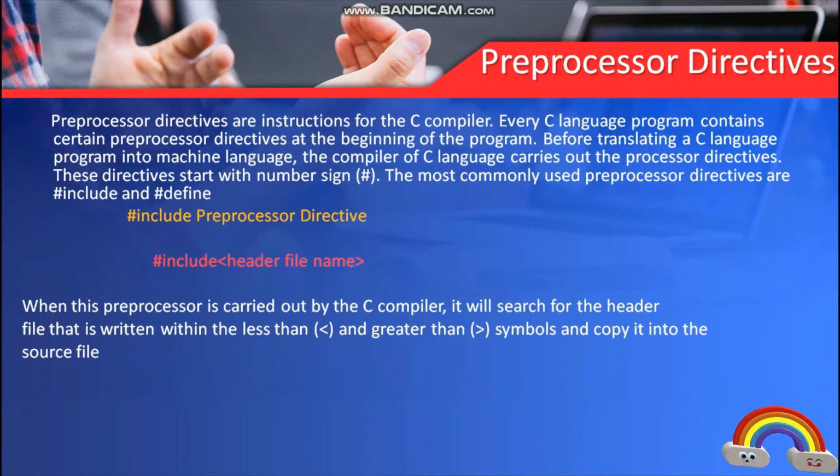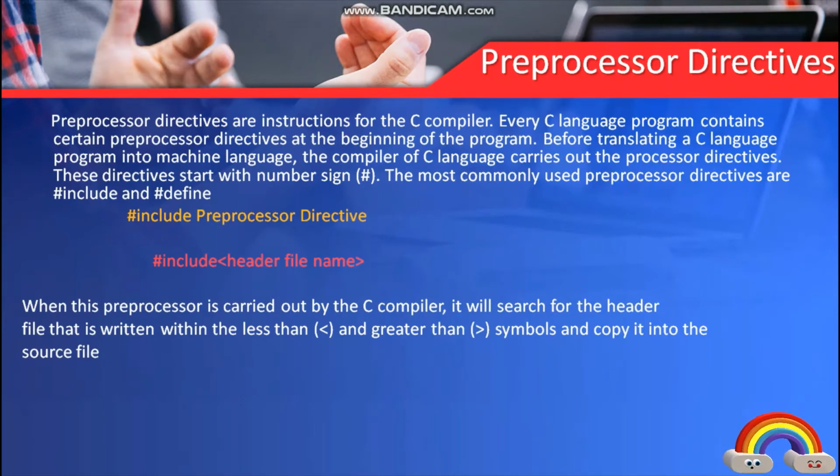For your own functions, we use the define preprocessor directive, and for functions that are already defined, like stdio.h, conio.h, math.h, these are all library functions, system defined functions that are already defined and stored in the library. For those header files we use the include preprocessor directive, and for our own defined functions we use the define preprocessor directive.